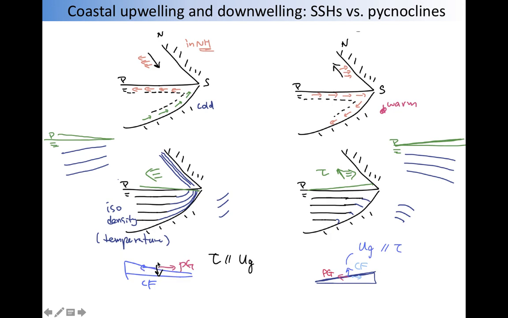Coriolis balances that, so there will be currents going north to south, the same way as the pressure gradient going that direction by the tilting of surface height, and Coriolis balances that, and the current will be along the domain, right? So you can think of wind blowing in one direction, north to south, and the geostrophic currents generated by the surface height are in the same direction as the wind.